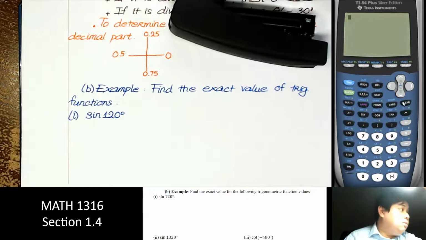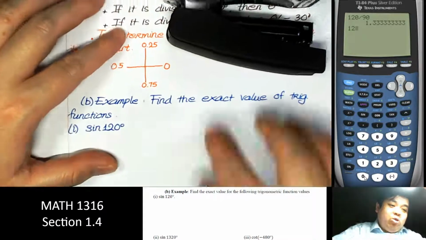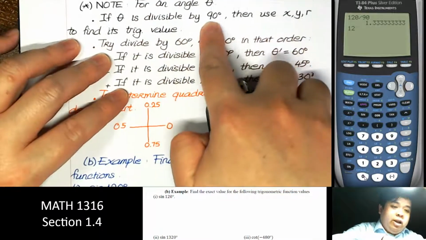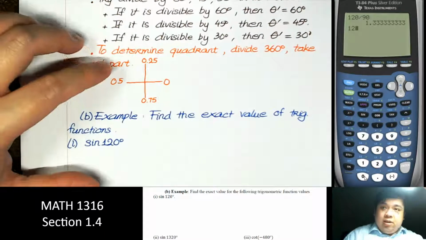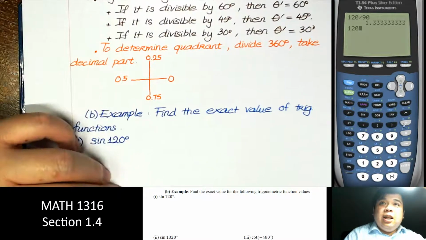So, say 120 divided by 90. It's not divisible. So we try to divide by 90 first. If it works, then we don't do any of this. So it doesn't work. Now we divide by 60.